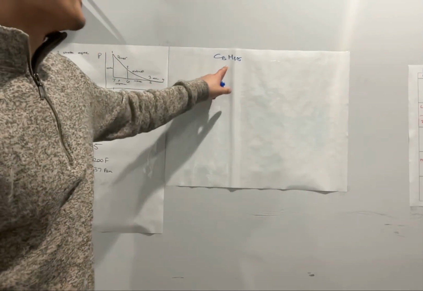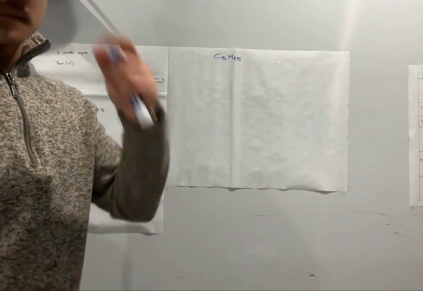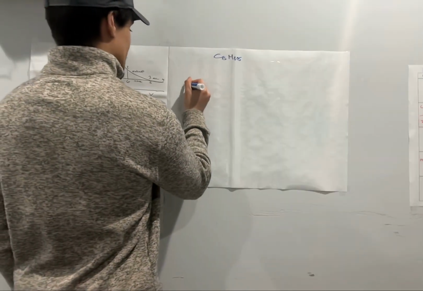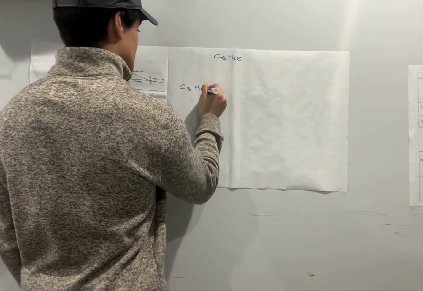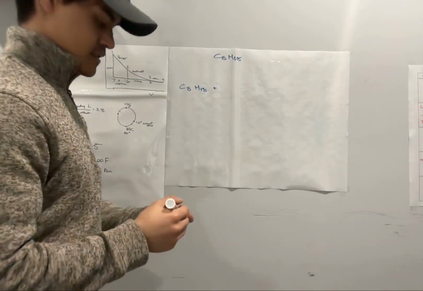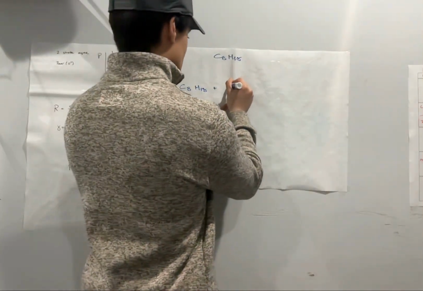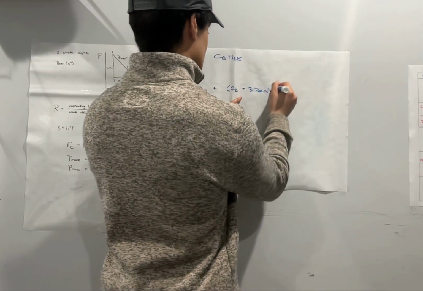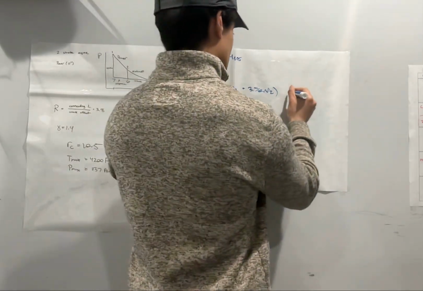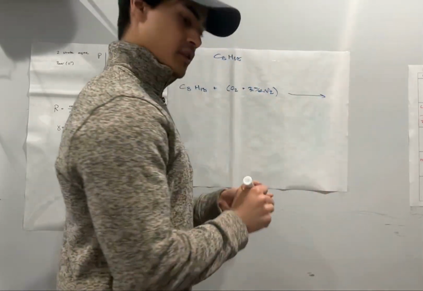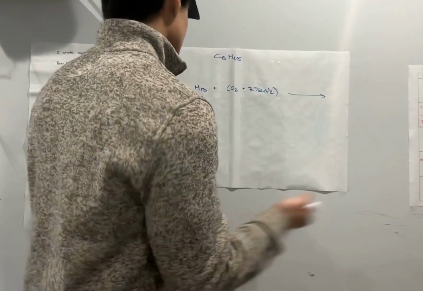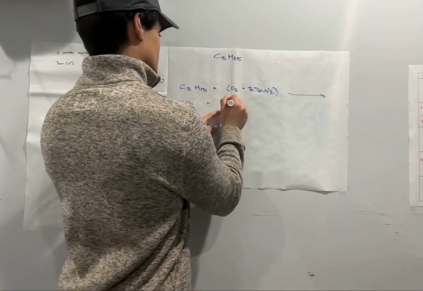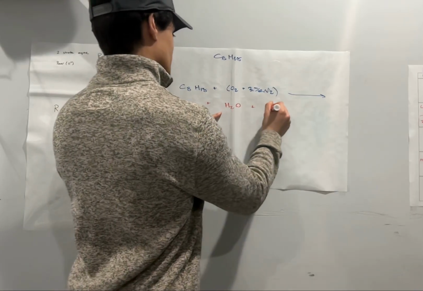So let's do this. Our fuel is C8H18 plus our O2 plus 3.76 N2. It's always going to be that number. And then our products are CO2 plus H2O plus N2.